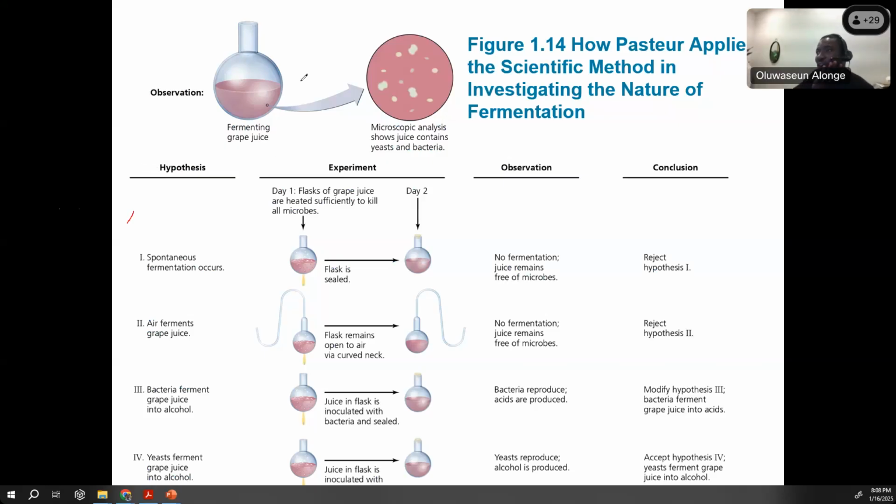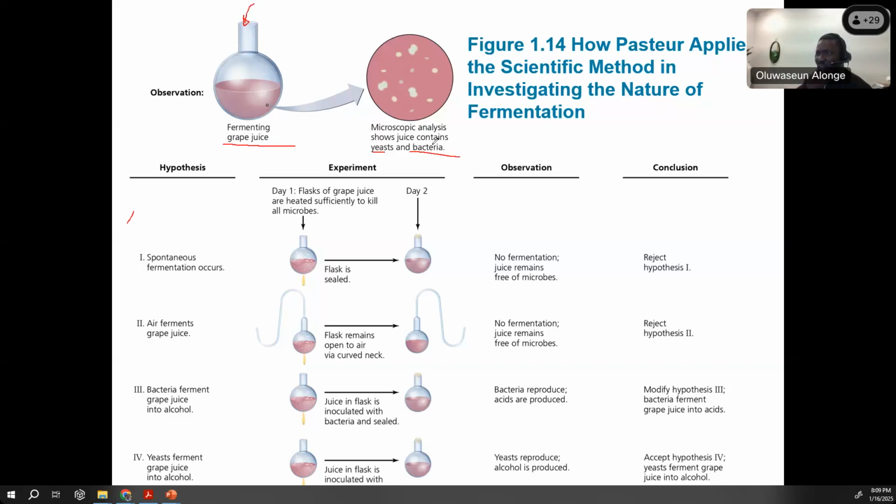Here he did the experiment. There are fermenting grapes here, and he did a microscopic analysis of that, and it shows that there's yeast there, and there's also bacteria there. So the issue is now to know what is actually causing the fermentation. Is it air coming into the grape?